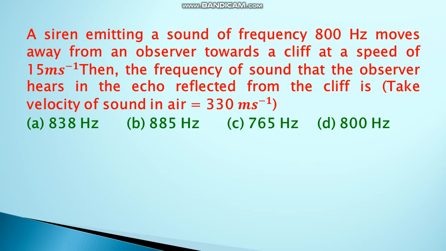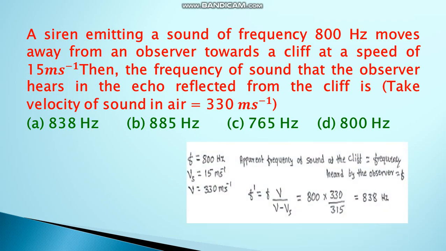Next, a siren emitting a sound of frequency 800 Hz moves away from an observer towards a cliff at a speed of 15 meter per second. Then what frequency of sound does the observer hear in the echo? At the cliff it produces an echo, the same sound comes back with the same speed and the observer hears it again.